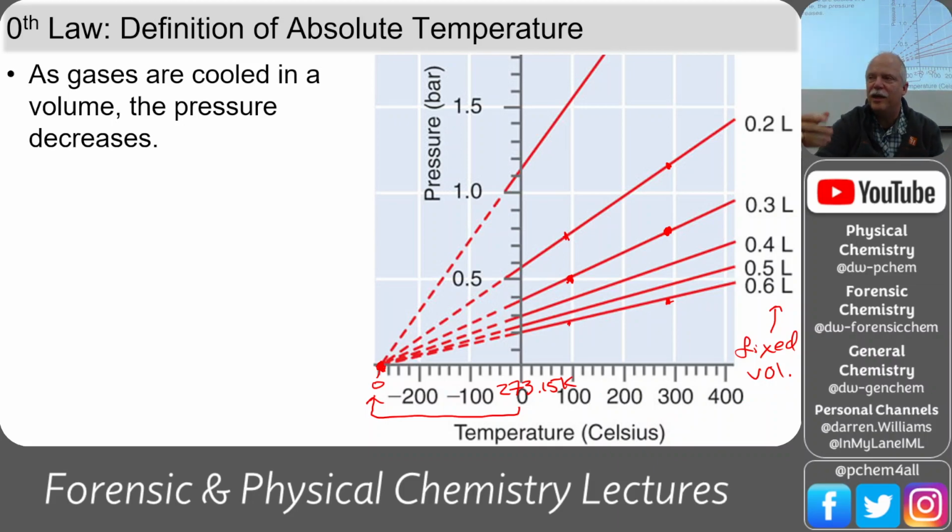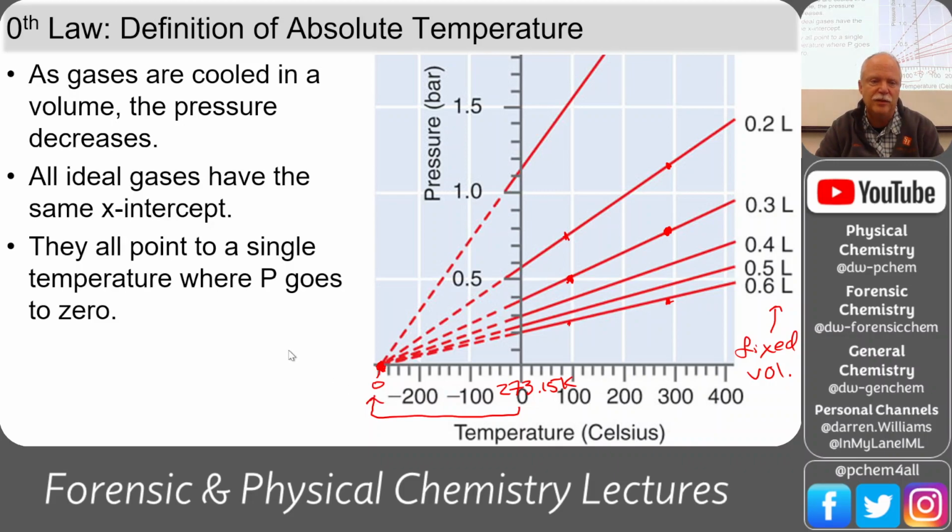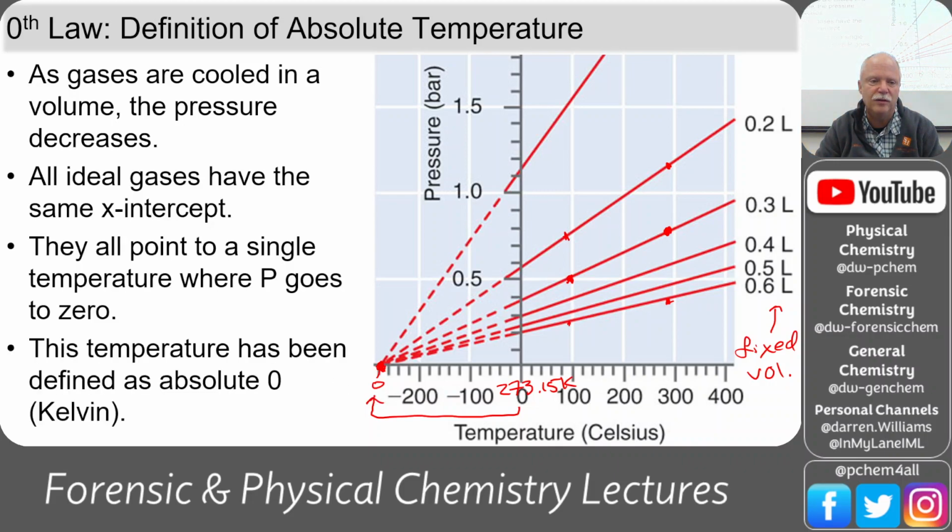And so that's why it's so easy to convert from Celsius to Kelvin, because they just slid the scale down, and it's not a multiplication or anything like it is in Fahrenheit. So all these ideal gases have the same x-intercept. They all point to a single temperature where P goes to 0. So this temperature has been defined as absolute 0.